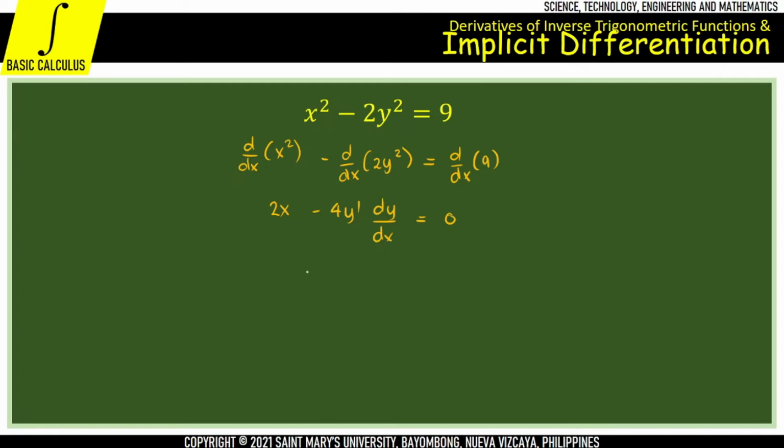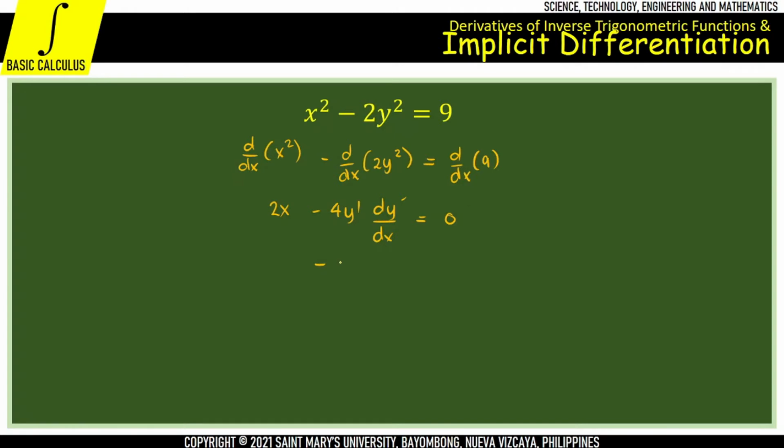Next, our second step here is for us to express our equation in terms of x and y. So, what we do next is gather all terms with dy all over dx on the left side and all other terms on the right side. Since our first term has no dy all over dx expression, we move it to the right side.